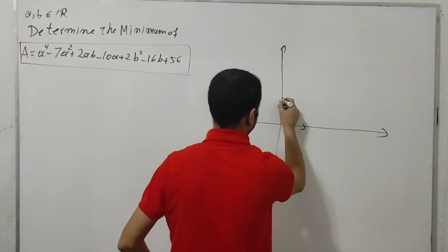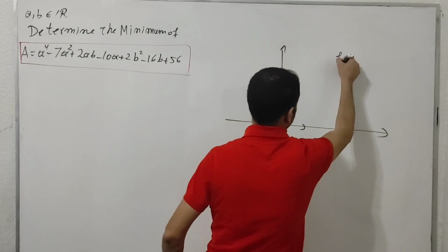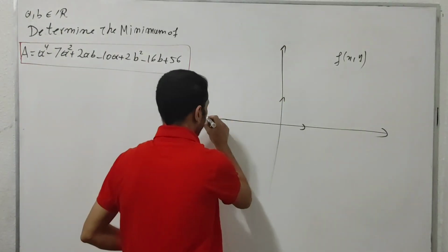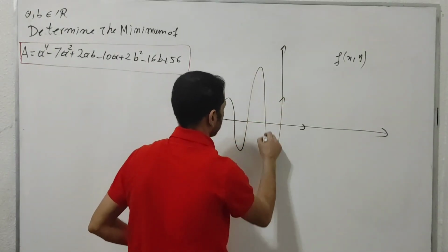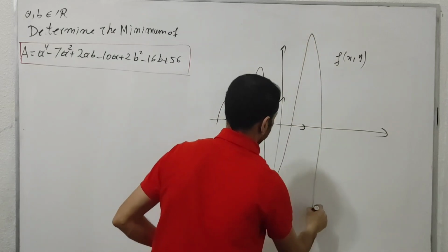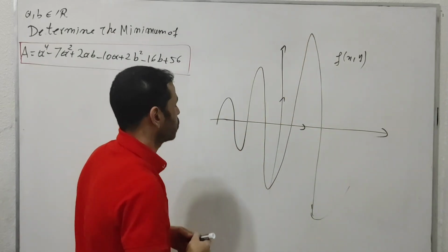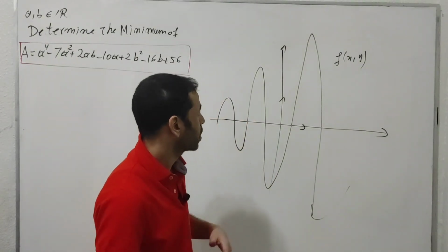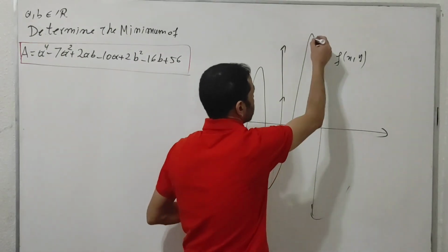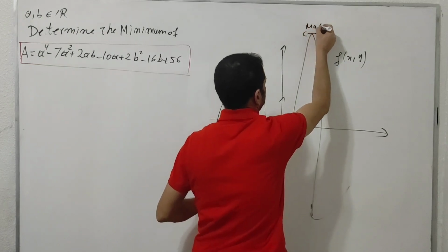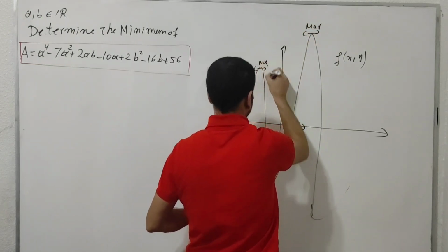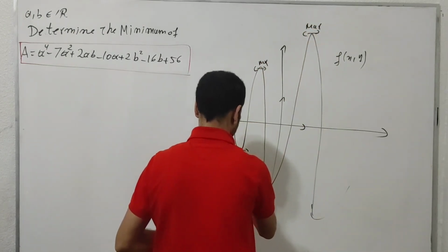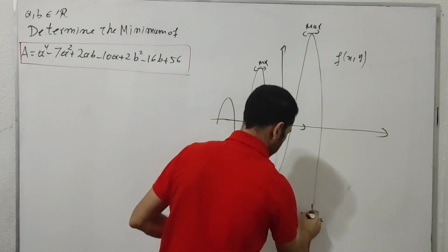If we have a function involving two variables, and I'm trying to find the critical points, I mean the maximum and minimum of this function, this is the maximum, this is the minimum.